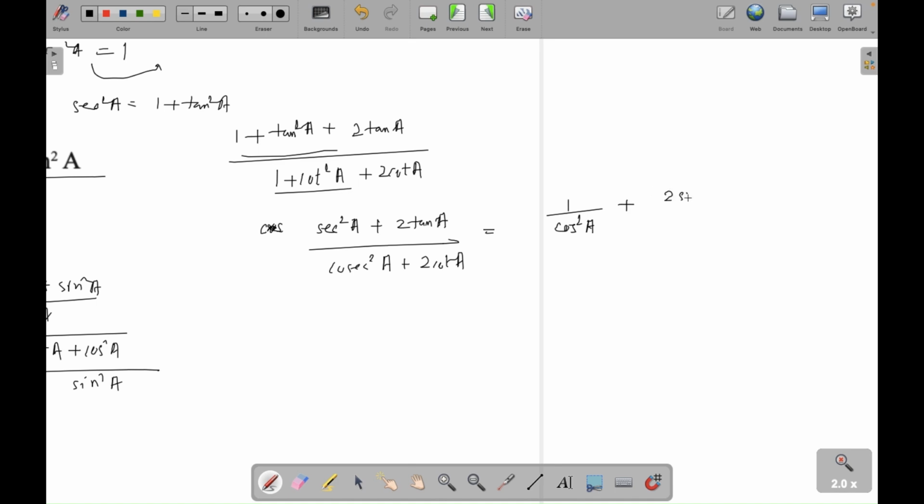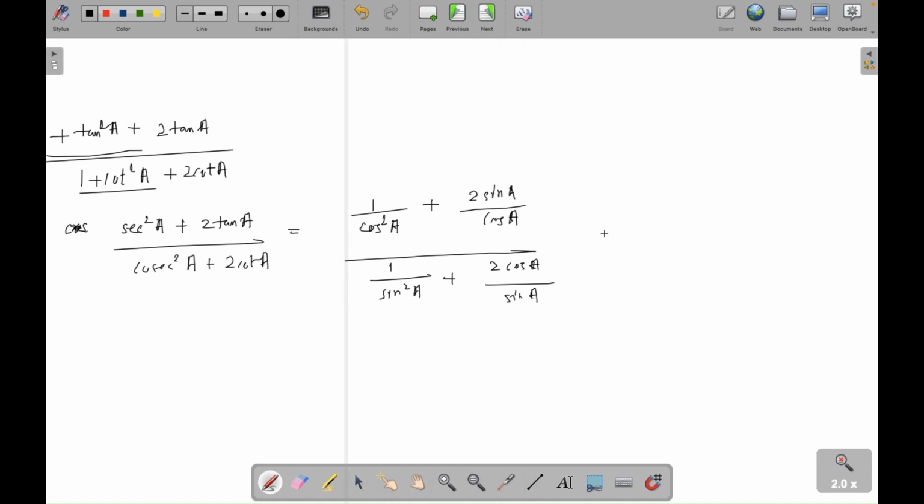Plus 2 sin A upon cos A. And here we can write this as 1 upon sin square A plus 2 cos A upon sin A. Right. So the LCM will be cos square A here.